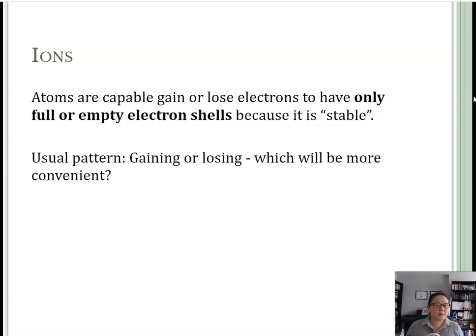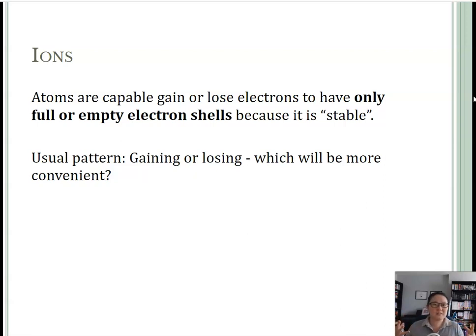The usual pattern when it comes to gaining or losing will depend on which one is more convenient. So if an element in its natural state, in its outermost shell, its valence shell, only has a few, one or two, maybe 3 electrons, it'll tend to lose them.